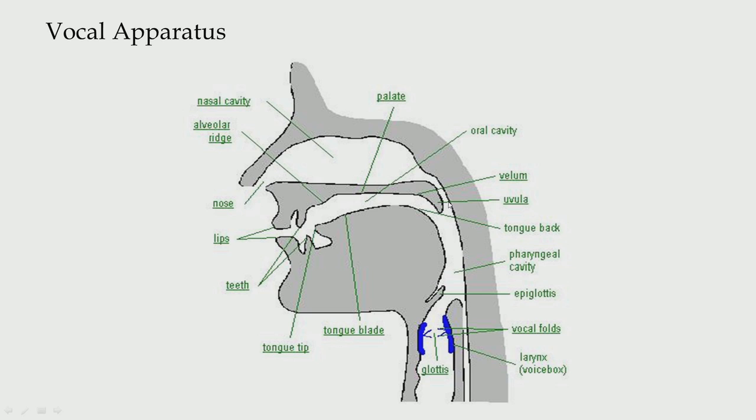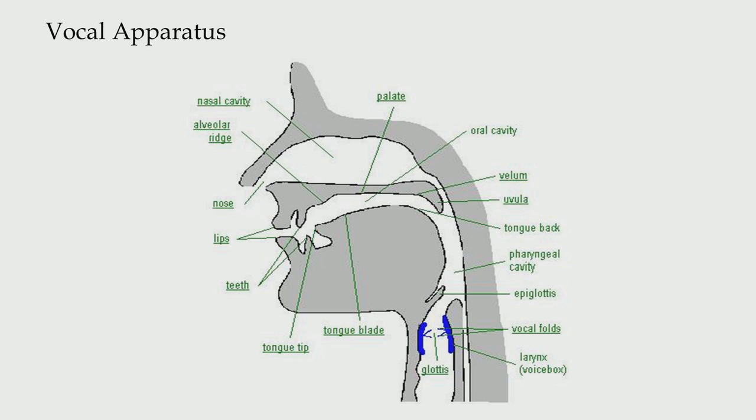You see what would happen if it is raised? The passage to the nasal cavity would block. Thus, no flow of air through the nasal cavity. In other words, the flow of air is straight through the oral cavity and we get oral sounds. If it is lowered, then it opens up a passage to the nasal cavity and part of the flow of air moves through the nasal cavity, and in such a situation we get some nasal sounds.